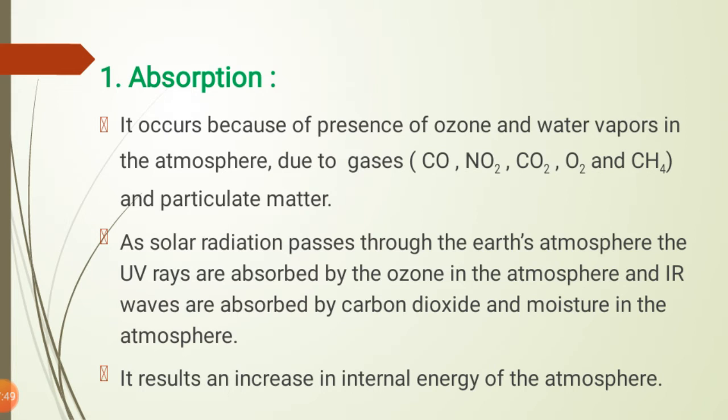As the solar radiation passes through the Earth atmosphere, the UV rays are absorbed by the ozone in the atmosphere, and IR waves are absorbed by carbon dioxide and moisture in the atmosphere.